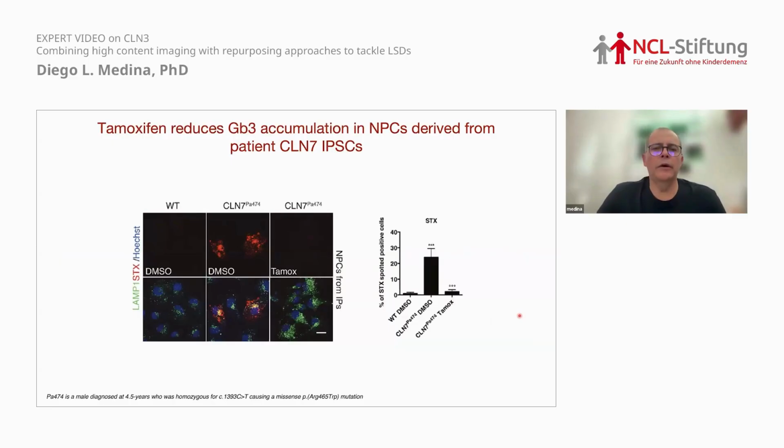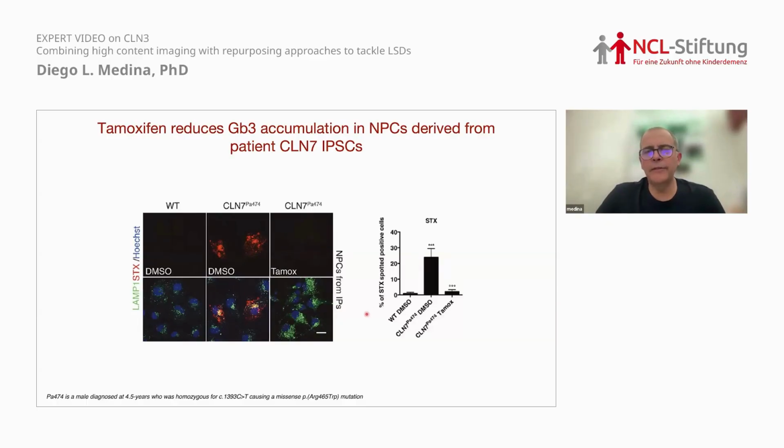In addition to human fibroblasts affected by CLN3, we also tested neuronal progenitor cells derived from CLN7 patient fibroblasts that were reprogrammed to induced pluripotent stem cells. So you can see here that in these neuronal progenitor cells from a CLN7 patient, there is a huge accumulation of GB3 that was dramatically reduced upon tamoxifen treatment.